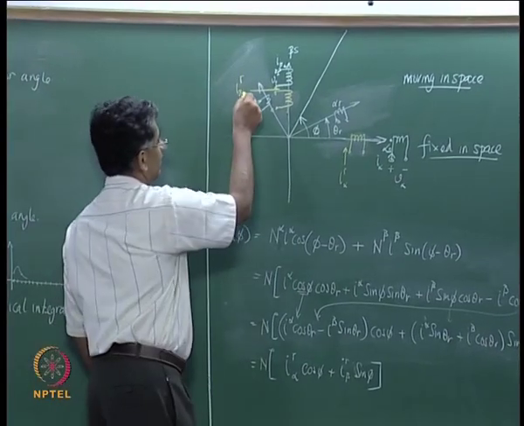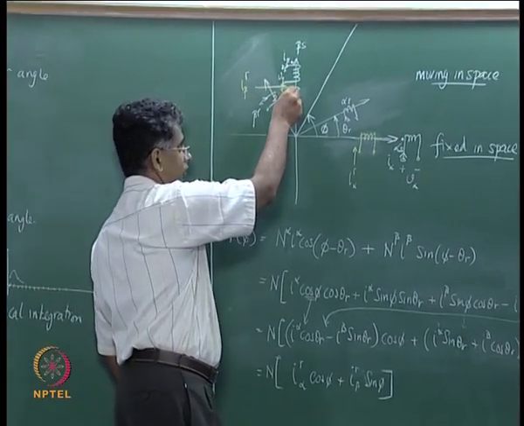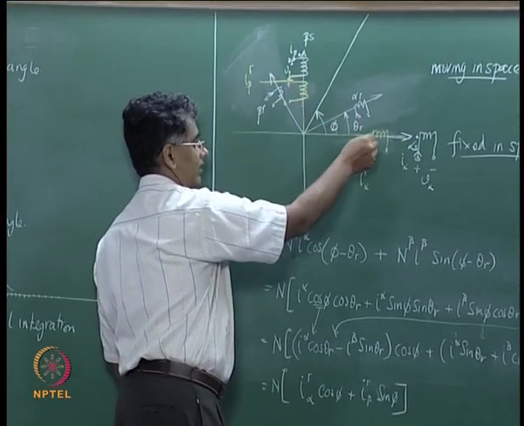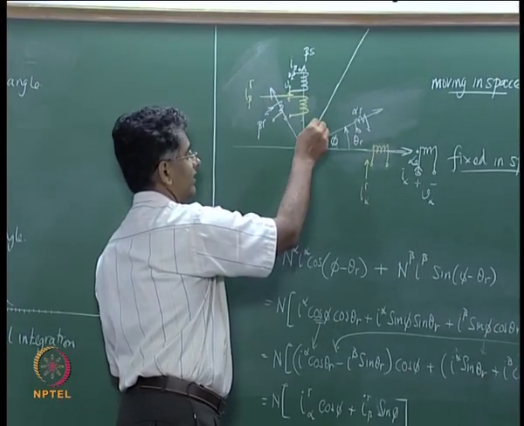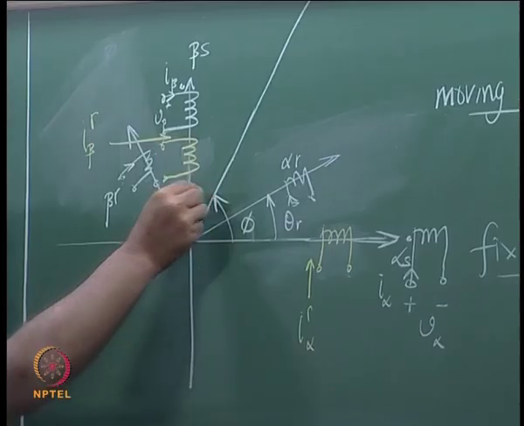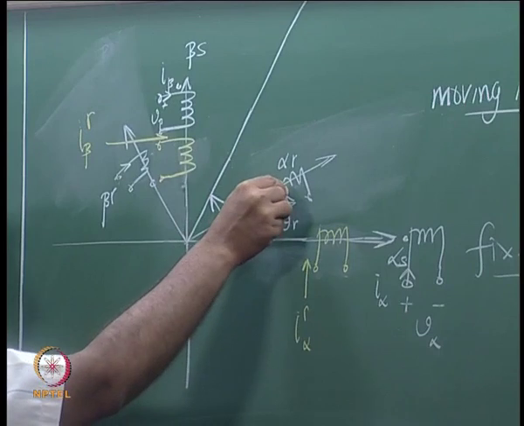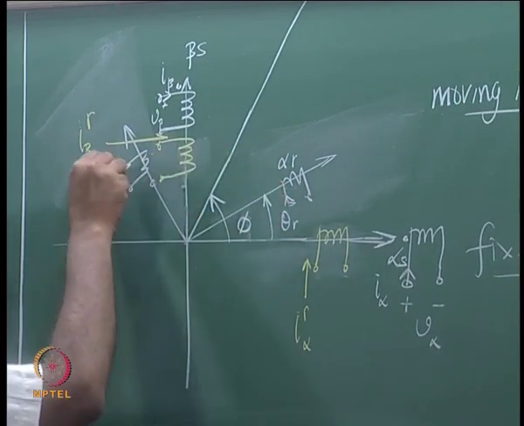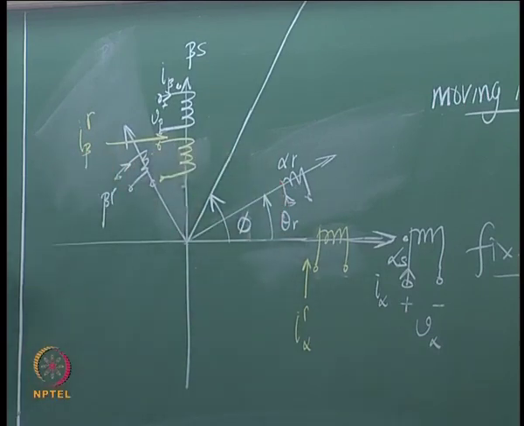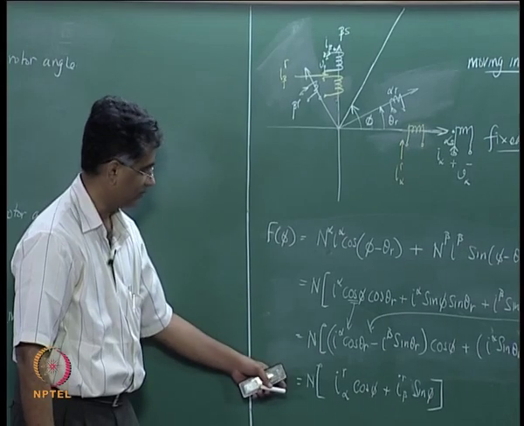Then the MMF produced by this coil and this coil at a given angle phi is the same as what was produced by I alpha flowing here and I beta flowing on the beta axis. That is exactly what we have written.